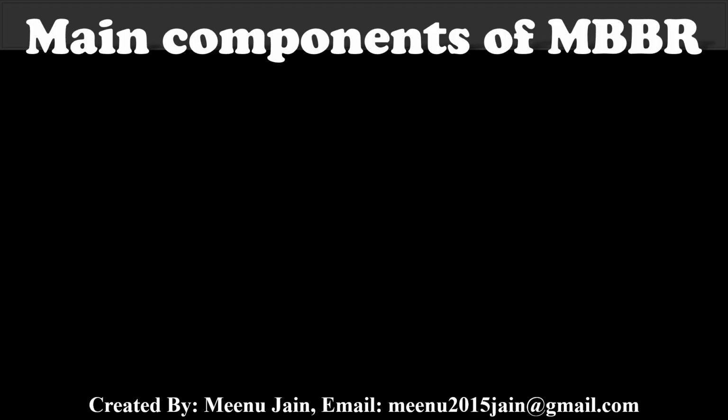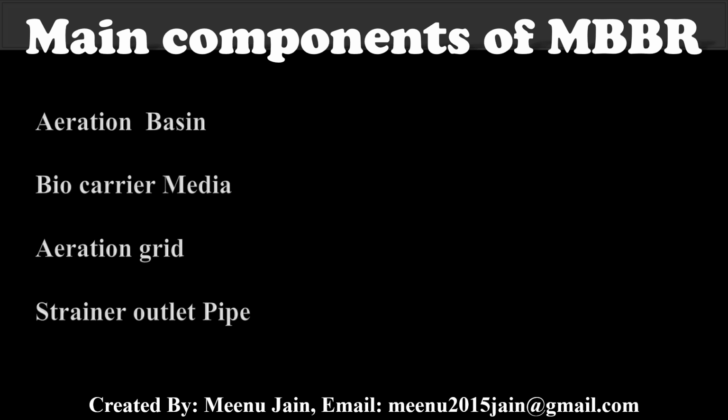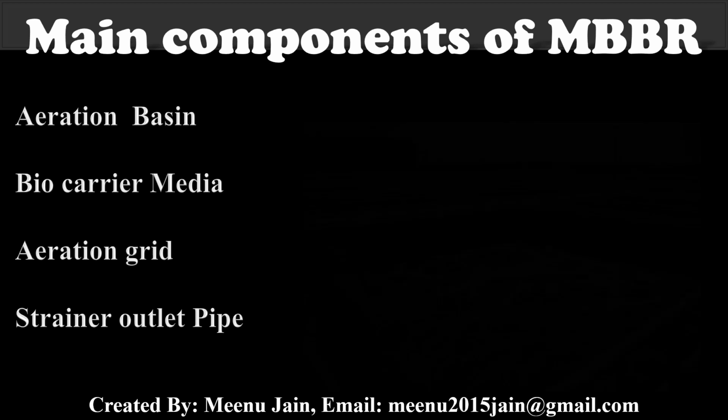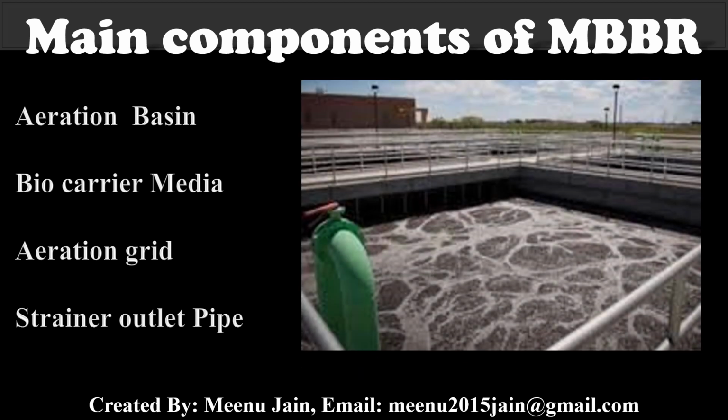Here, there are four main components of MBBR: aeration basin, biocarrier media, aeration grid and strainer outlet pipes. The MBBR process takes place in the basin, also known as the aeration basin or reactor or aeration tank. MBBR aeration tanks are open at the top for the aerobic treatment process.